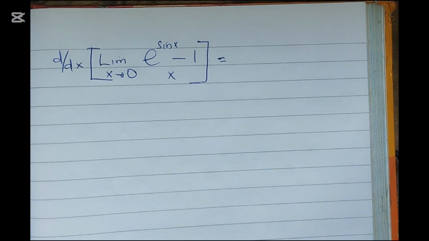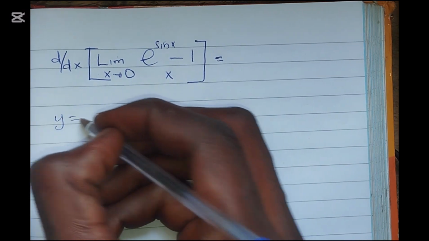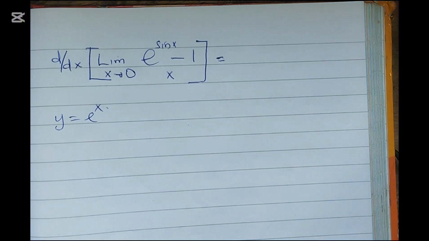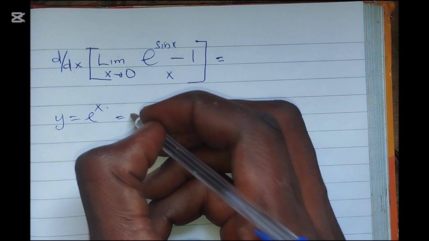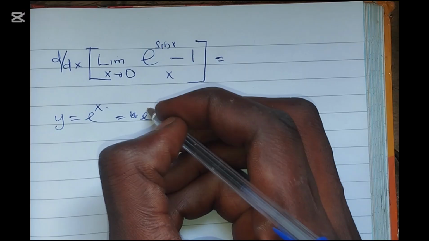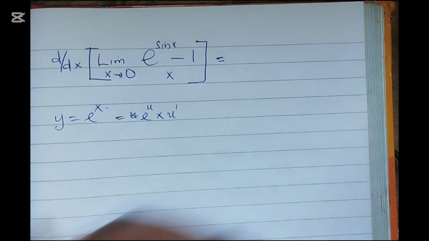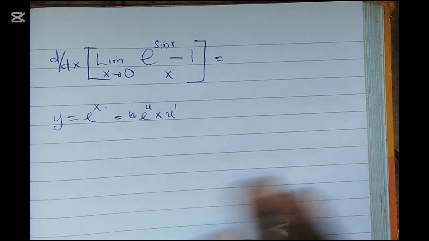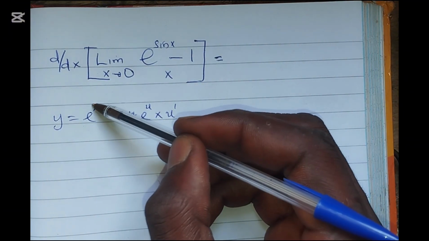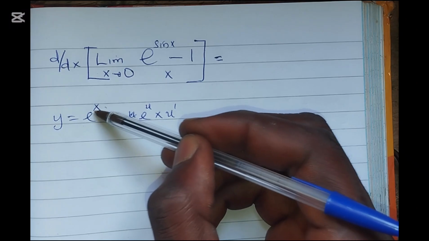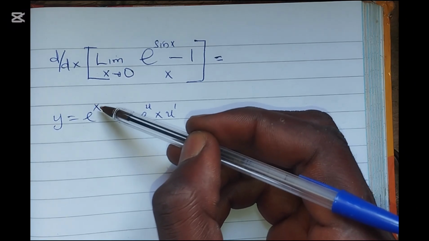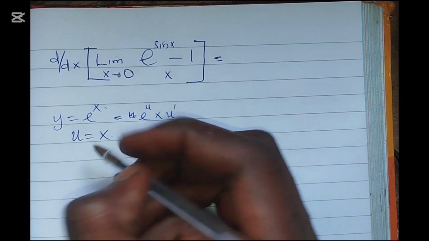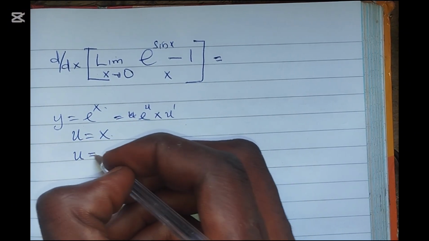If you have a function that says y is equal to e to the power of u, to differentiate this, the formula is simply e to the u multiplied by u prime, where u is whatever you find at the top, the exponent. In this simple case, our u is equal to x. U prime is the derivative of u, which gives us 1.